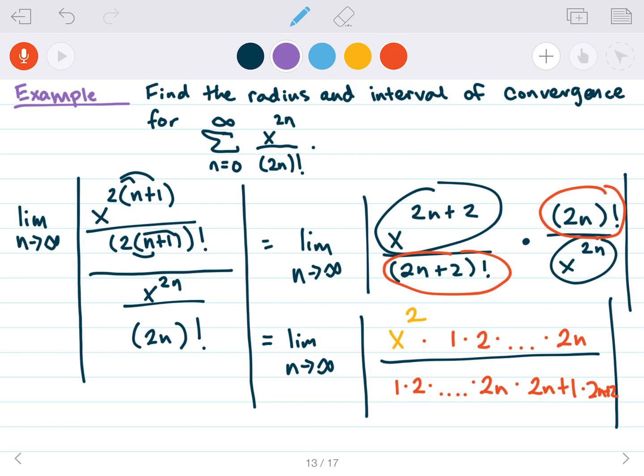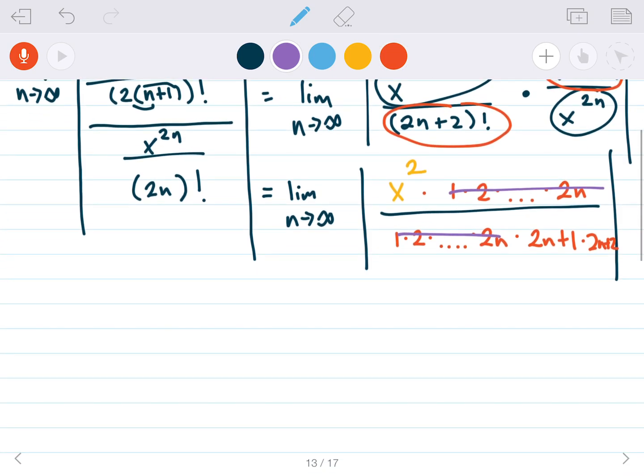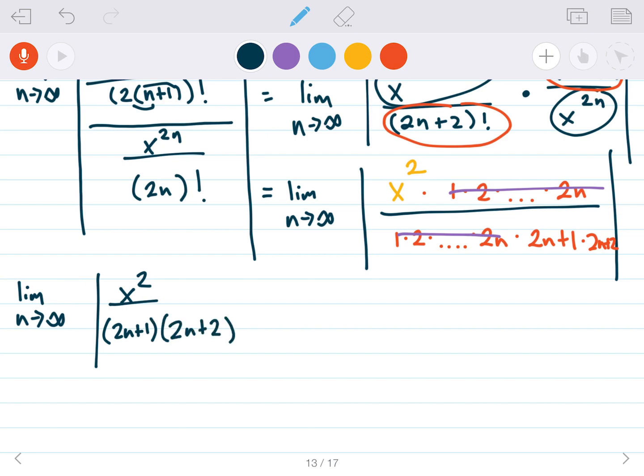So what's amazing here is that this cancels and we're left with something a lot cleaner. So we have the limit as n goes to infinity of x squared on top. On bottom, we have 2n plus 1 times 2n plus 2.